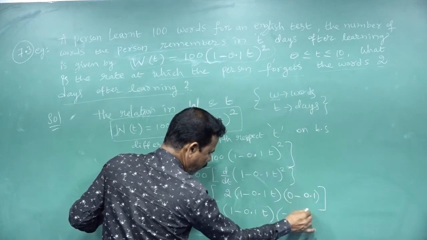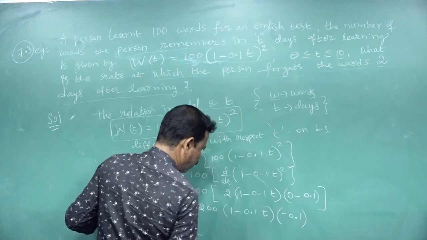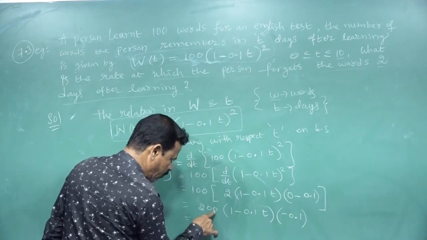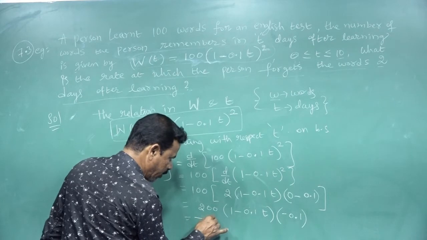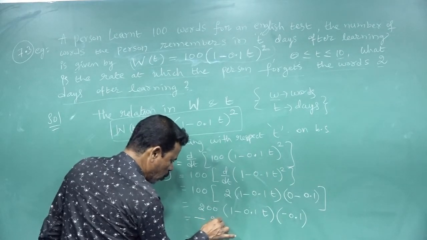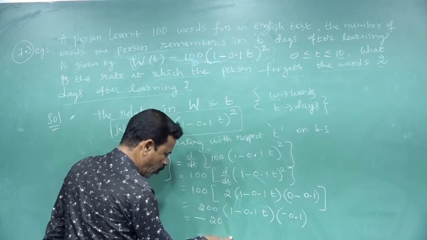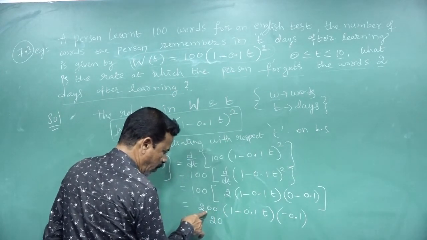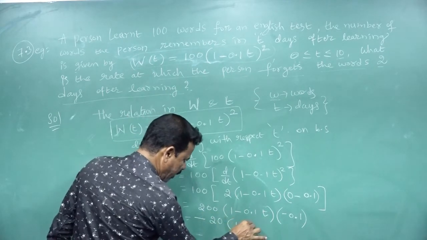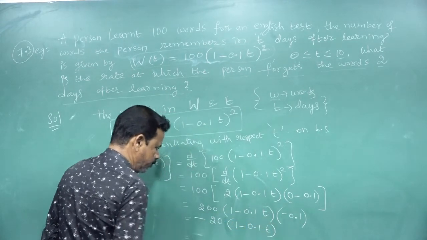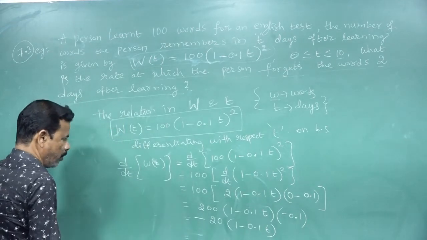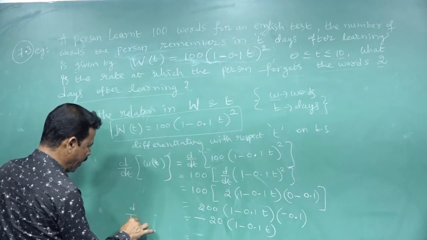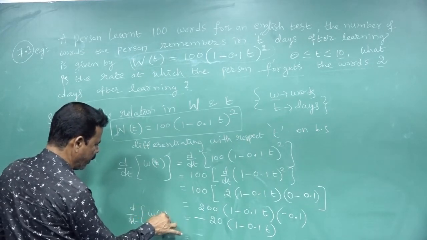So 200 times 0.1 gives 20, and we get minus 20 into (1 minus 0.1t). This is d by dt of W of t.